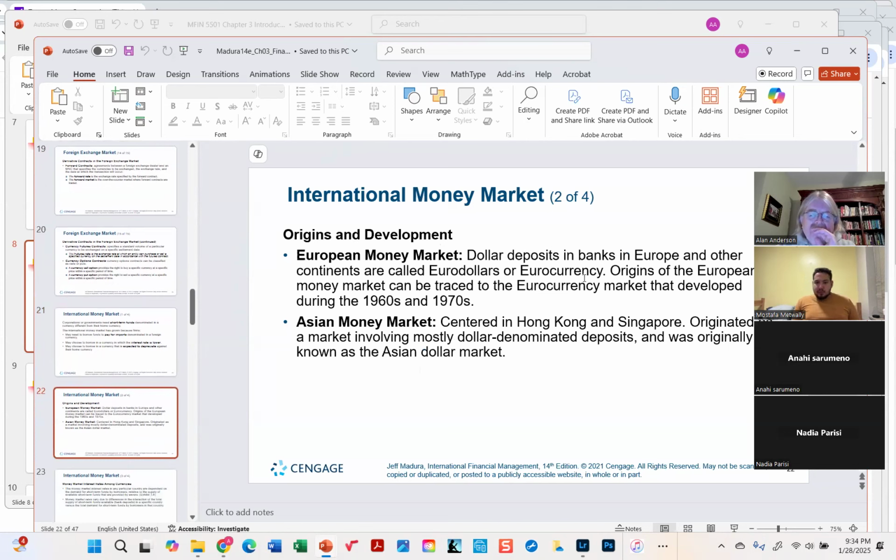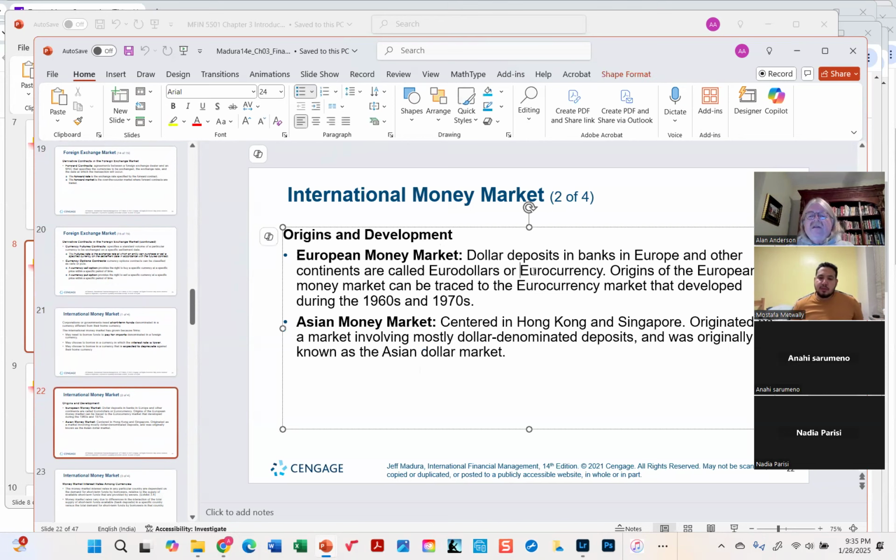Now, obviously, they're telling us here that basically a lot of this takes place in Europe. But we also have an Asian money market as well, in Hong Kong and Singapore. By the way, we have this interesting market here called the Euro currency market. And what happens there is that you can hold bank deposits in countries outside of the country of origin.